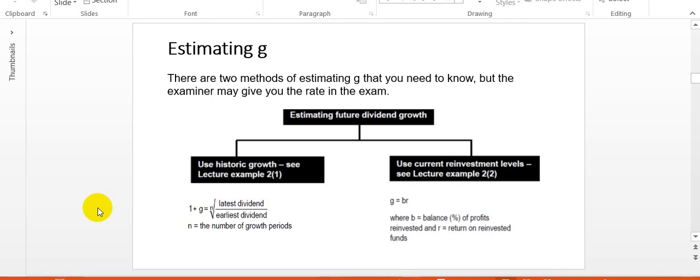So the growth in the historical growth method could be calculated as G equals open bracket, latest dividend divided by earliest dividend, close bracket, to the power 1 over n, then minus 1.